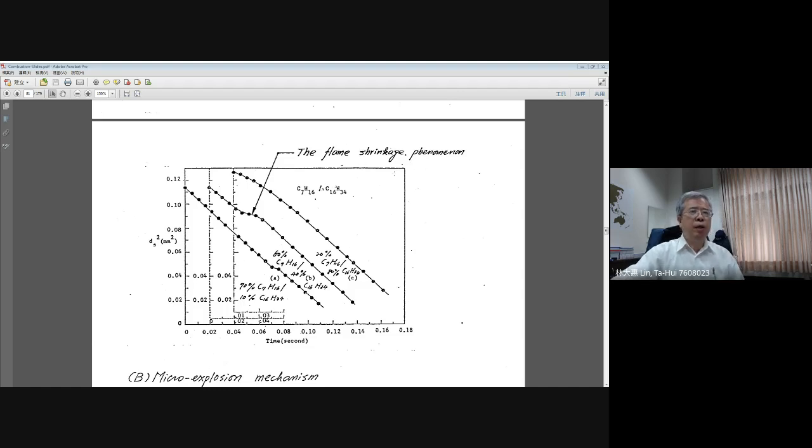Why does the flame become smaller? Since in these periods, all the heat is used for heating, there is not much vapor coming out to support the diffusion flame. Therefore, the diffusion flame moves closer to your droplet, and you can see the flame radius becomes smaller. Flame shrinkage behavior occurs in this region. Okay, this basically comes from the influence of the high boiling point C16.